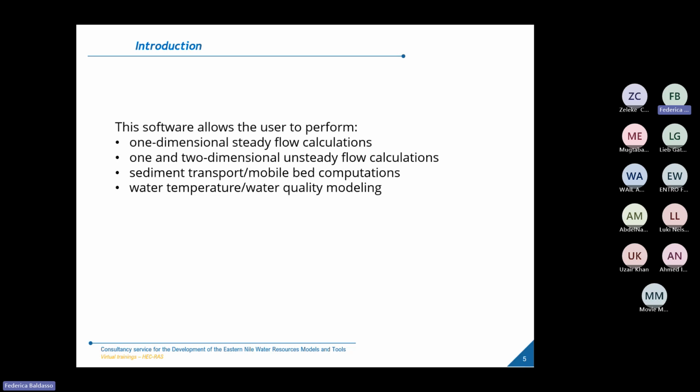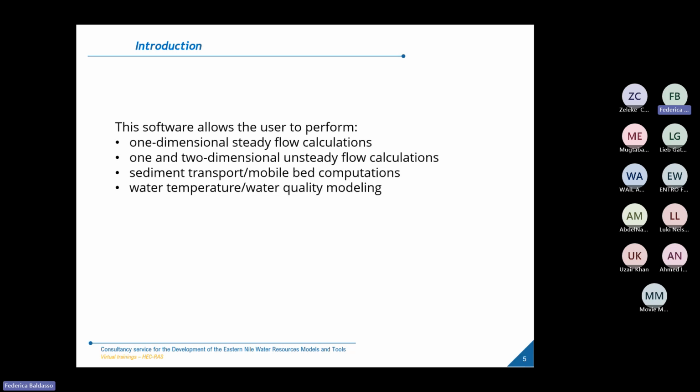You can build the one-dimensional unsteady flow calculation. You can build two-dimensional unsteady flow calculation, but you can also create both 1D and 2D models at the same time. You can combine the description of a river with a 1D discretization and maybe all the flooding area with a two-dimensional model.